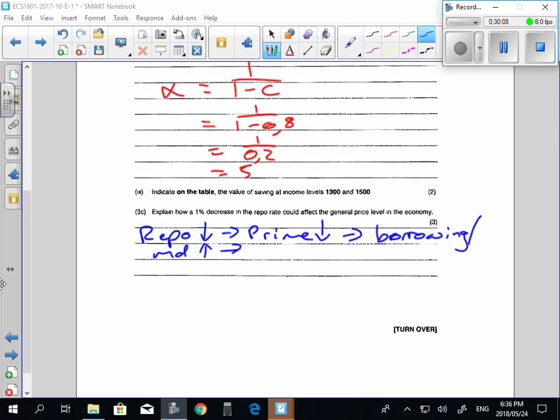We spend more money. And what happens when we spend more money? Think of your supply and demand curve. The demand curve will shift to the right. And as we shift the demand curve to the right, what happens to quantity and price? Quantity increases and prices increase.